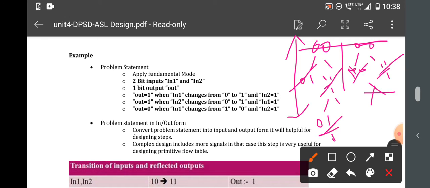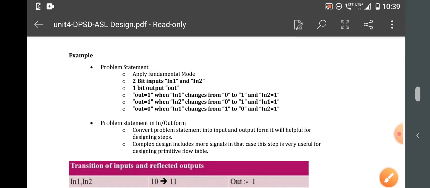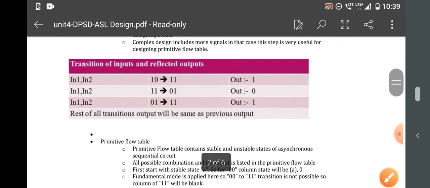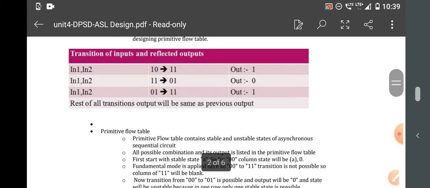We call it a primitive table. Now each state is assigned one variable. So if I say 0 0, I don't call it 0 0. In the primitive flow table, I convert each and every state in terms of a variable A, B, C, like that.